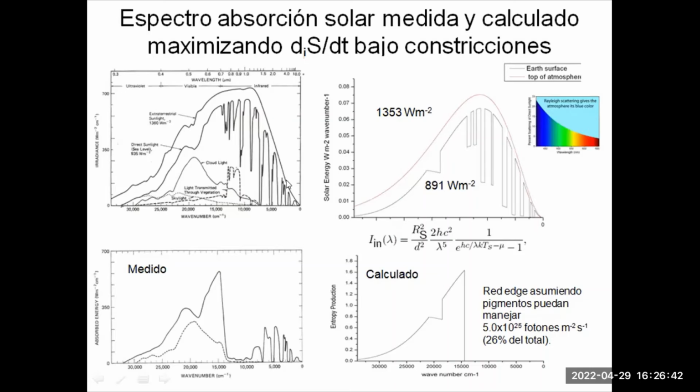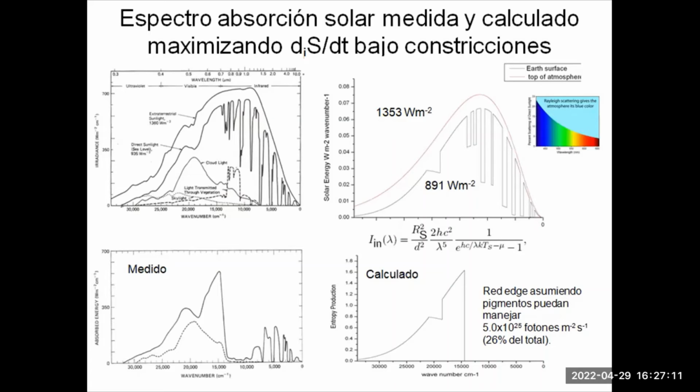Of course, within the limits of the approximation of the model to the reality, we get very, very close to the red edge, about 700 nanometers. So the red edge then is just due to the fact that, according to our theory, plant leaves cannot absorb and dissipate more than about 5 times 10 to the 25 photons per meter squared per second.